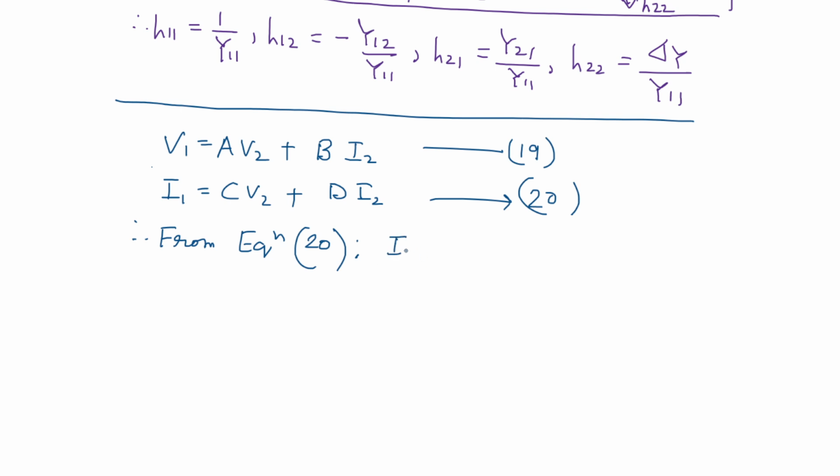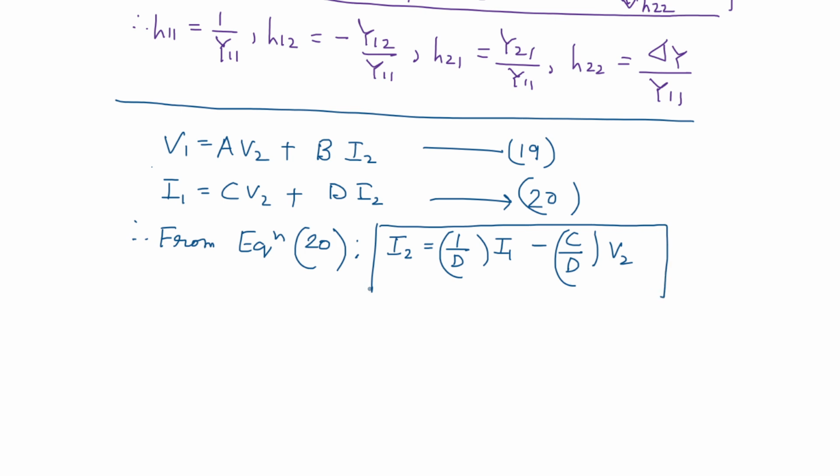I2 is equal to 1 by D into I1 minus C by D into V2. So if you compare, I2 is equal to H21 I1 plus H22 V2.